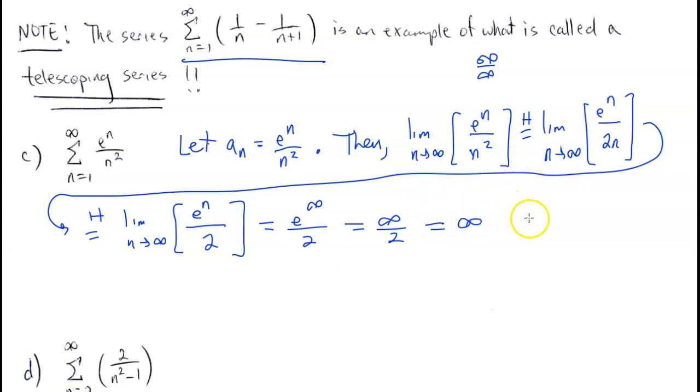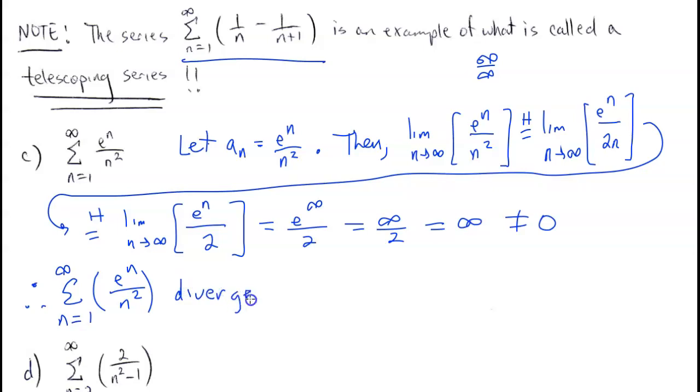And so because my limit did not equal 0, I know that this particular series is going to diverge. So e raised to the n over n squared diverges. We already know that.